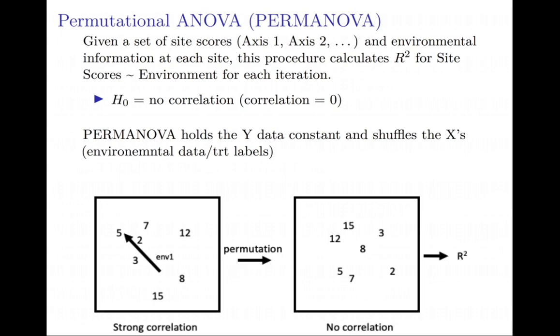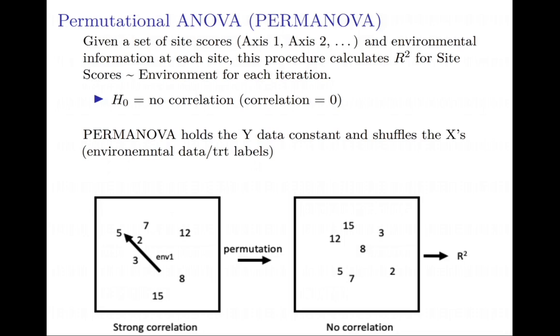Given a set of site scores, axis 1 and 2, etc., and environmental information at each site, the PERMANOVA procedure calculates an R-squared to determine if site is a function of environment for each iteration. The null hypothesis is that there's no correlation, that the correlation equals 0. And so what PERMANOVA does is it holds the Y data constant and shuffles the X's, or your environmental data or treatment labels.